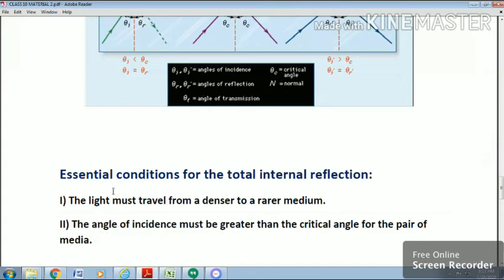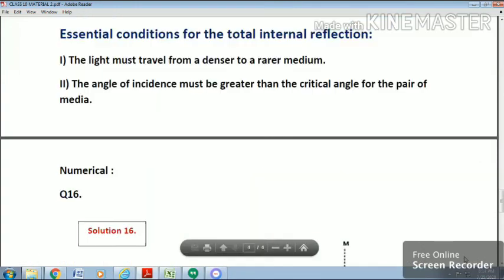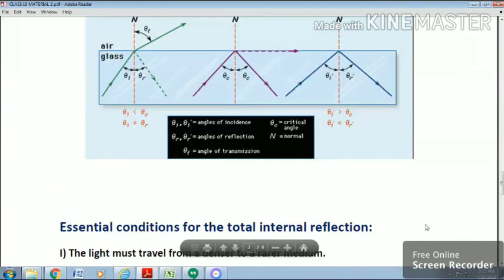And the second is that the angle must be greater than the critical angle for the pair of media. That means the angle of incidence must be greater than the critical angle for the pair of media. If it is greater, then only we get the reflected rays here. Till the critical angle we will get a refracted ray, that means the ray which is going from one medium to another.